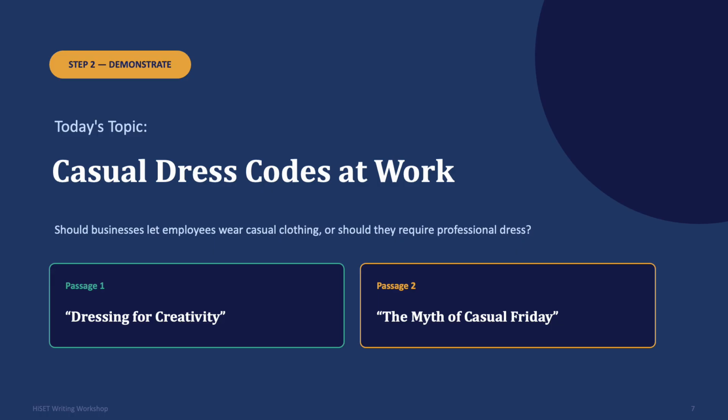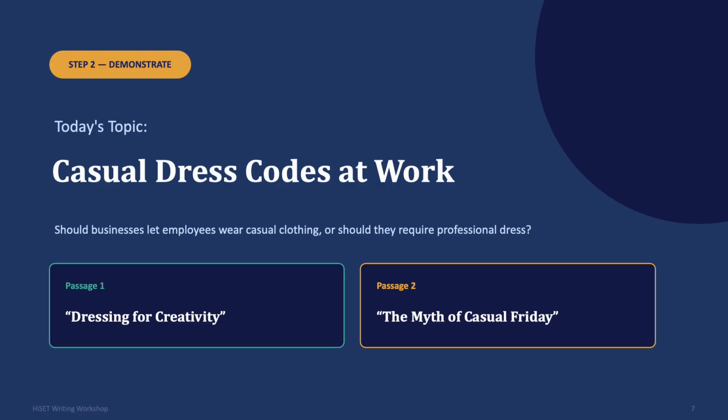Now we're going to begin the most important part of today's lesson. I'm going to demonstrate the complete essay writing process for you. Our topic is casual dress codes at work. The question is, should businesses let employees wear casual clothing, or should they require professional dress?